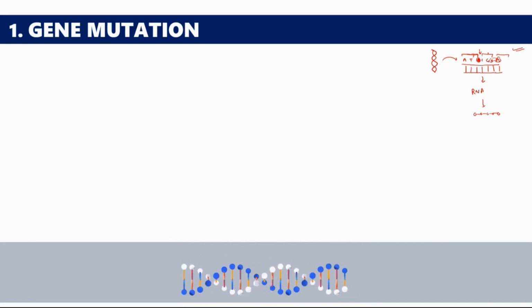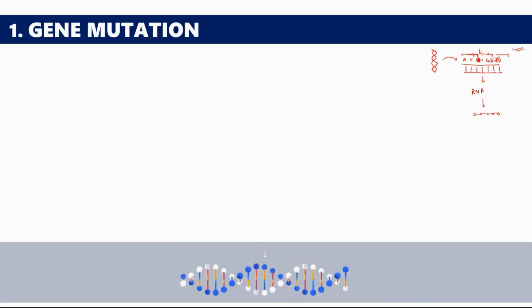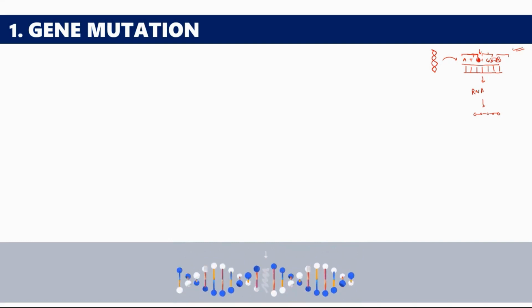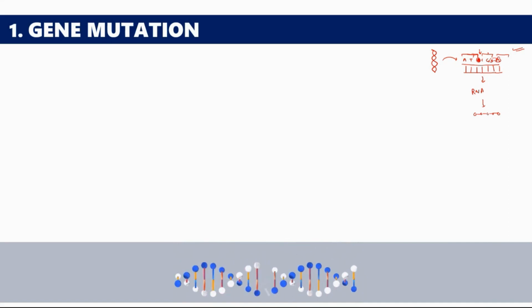Now all these things are taking place at which level? At the level of genes, that's why it is known as gene mutation.